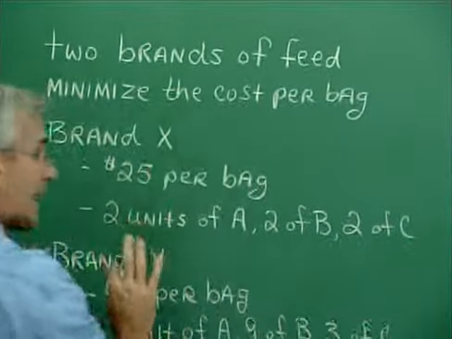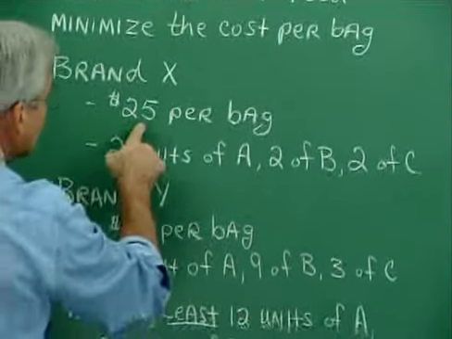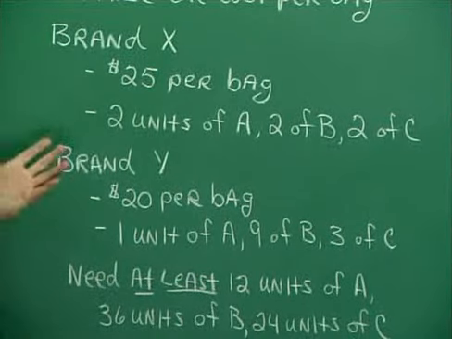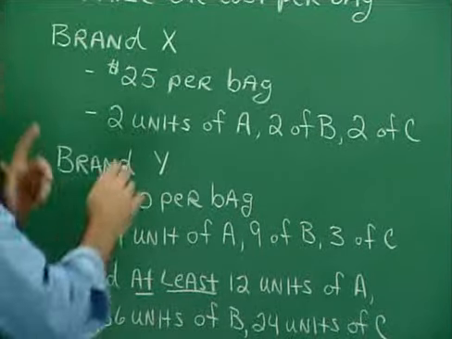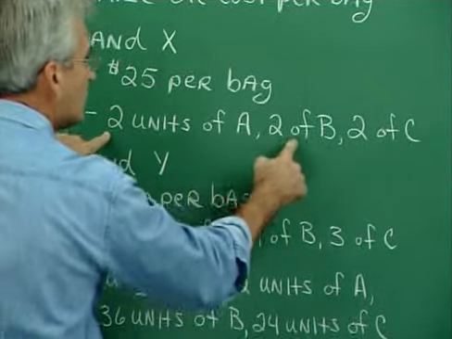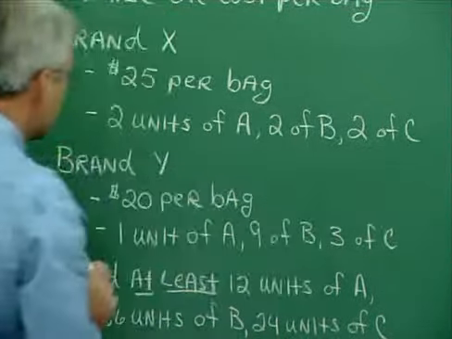For brand X, we had this information. Brand X costs $25 per bag, and it provides certain numbers of units of these nutritional values. So we have 2 units of item A, 2 of B, 2 of C, if you recall.